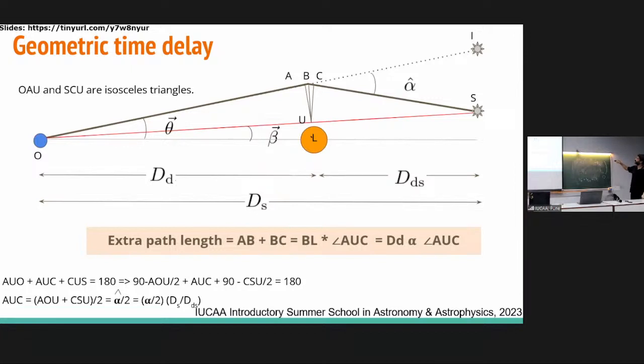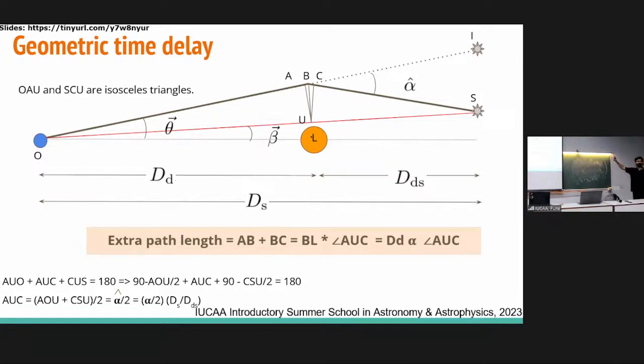SCU is an isosceles triangle, and OUA is another isosceles triangle. Because these are isosceles triangles, this path and this path are the same, and this path and this path are the same. So the only extra path that remains is AB plus BC. Now this AB plus BC, I can write down as the length BL times this angle AUC.